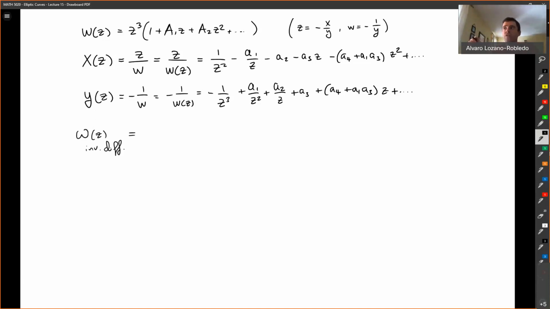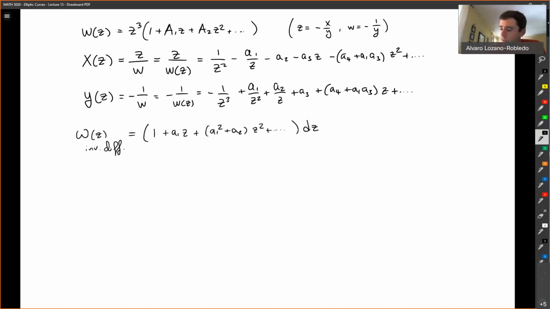In short Weierstrass form, there's some more terms in the y in the denominator when we wrote it back for a long Weierstrass equation, but you can write the invariant differential also as a power series. So it's going to look like this with respect to Z.